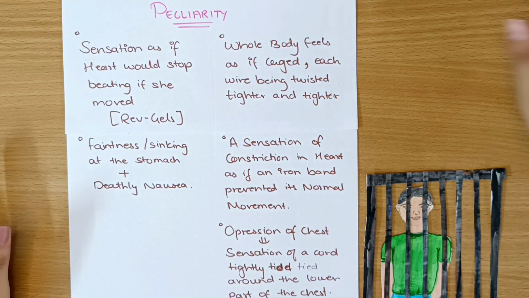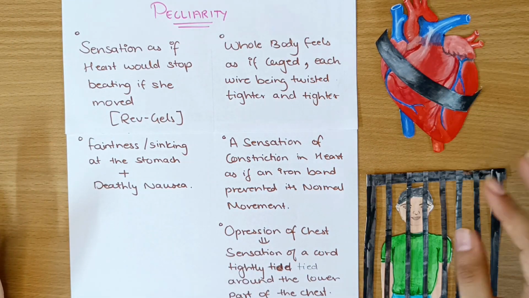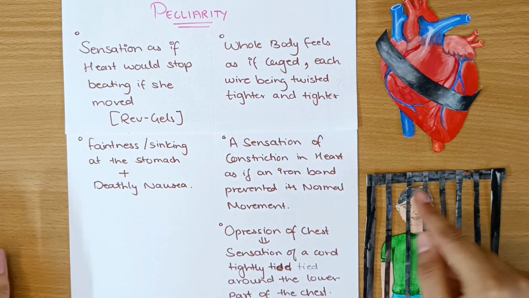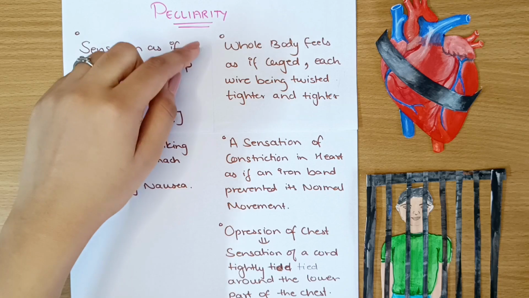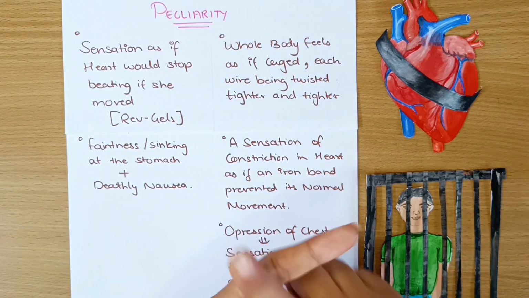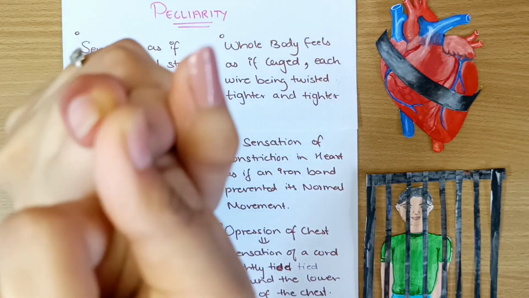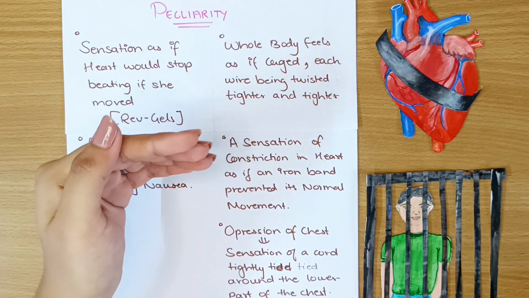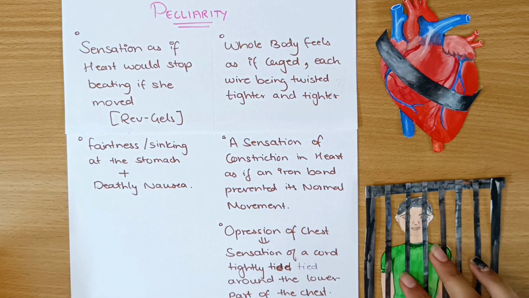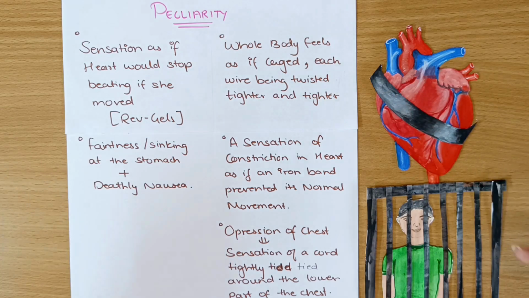In Cactus grandiflorus, there is a sensation as if the whole body is in a cage, each wire being twisted tighter and tighter around the body. This is a peculiar sensation. Another sensation is constriction of the heart.